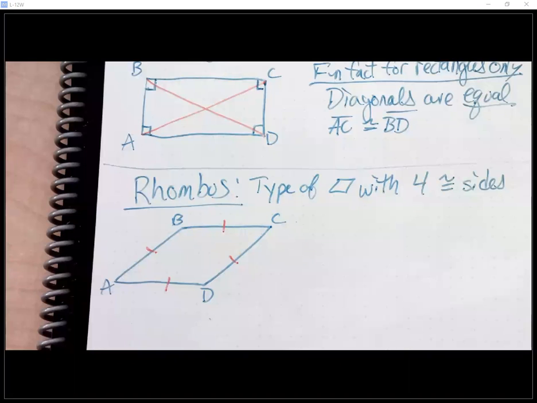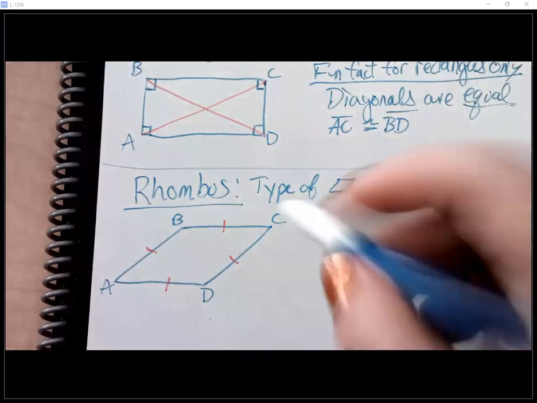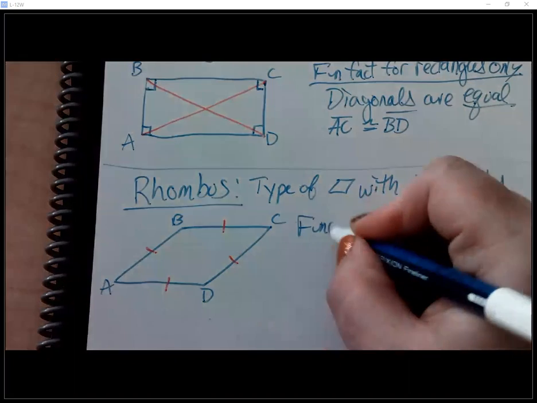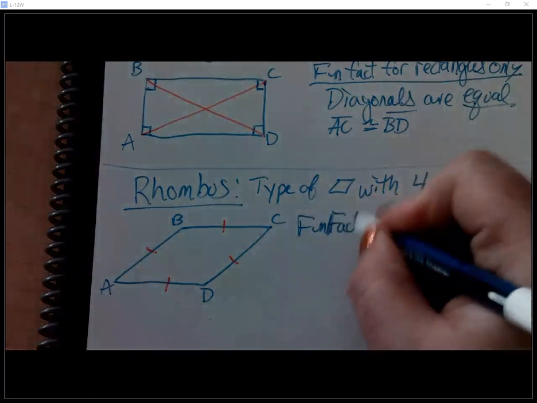A square is also a rhombus, which is crazy. So a rhombus has some fun facts exclusive to the rhombus. Fun facts for the rhombus.